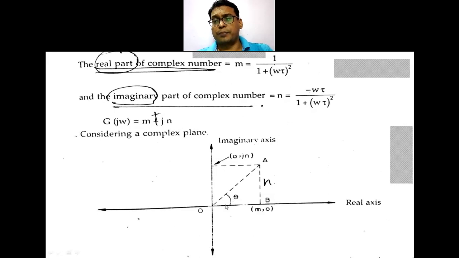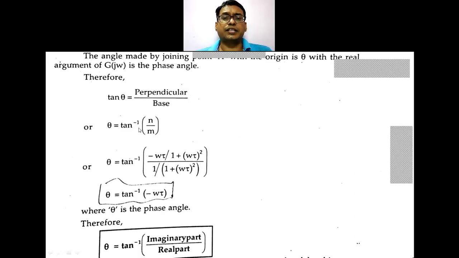So your tan theta is nothing but the perpendicular upon the base, that is AB upon OB. AB is your imaginary part and OB is your real part. So tan theta is equal to perpendicular upon base, which gives theta equal to tan inverse of n upon m. So theta comes as tan inverse of minus omega tau. That is nothing but the imaginary part upon real part. This is the perpendicular upon base. Perpendicular is your vertical line, so it is on the imaginary axis.